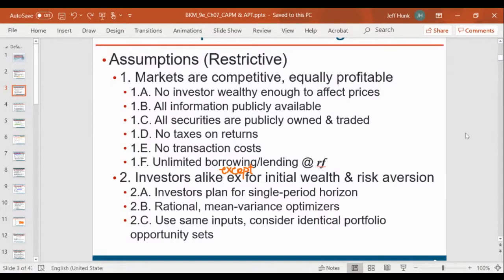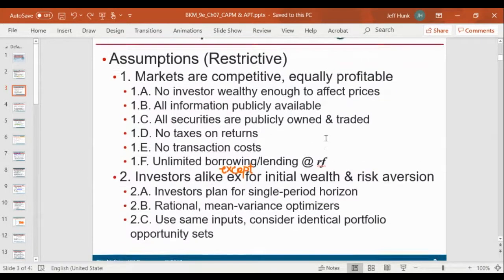Prices can reflect only public information. But if there is no private or privileged information, nobody has any unfair advantage over anybody else. So it's like the perfect competition concept.